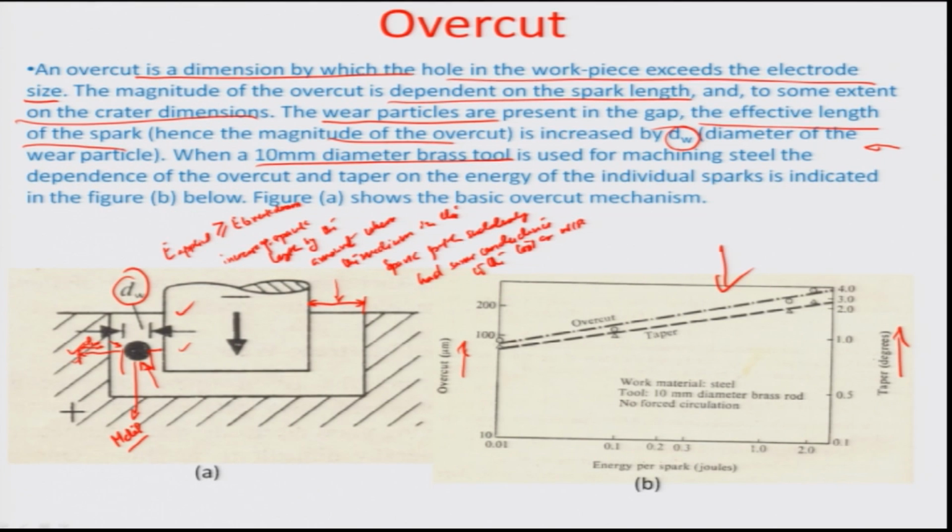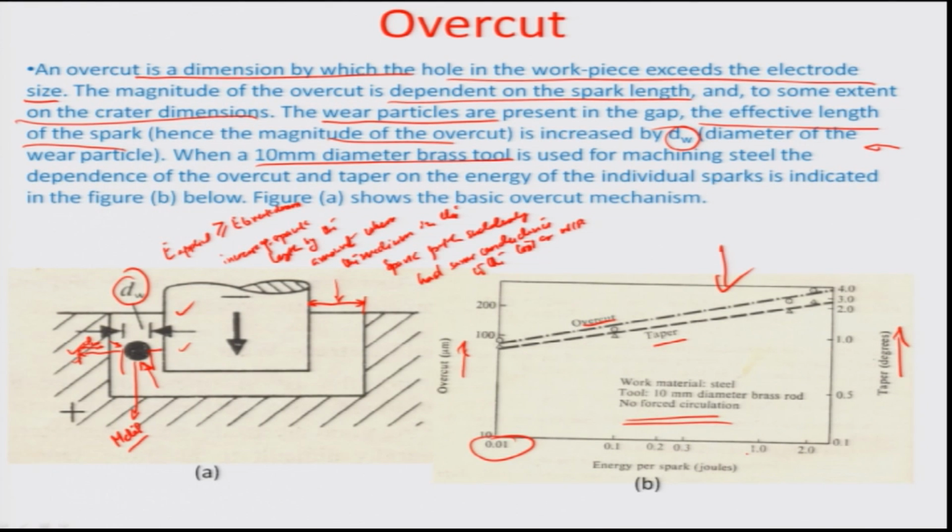You can see if the spark energy is low, the overcut generated is low, and so is the taper. Okay. But as the spark energy is increased, both the overcut and taper increase. So, this is only a case where there is no forced circulation mechanism, only a passive EDM operation without any dielectric being circulated. So, this is a major issue when we talk about EDM.